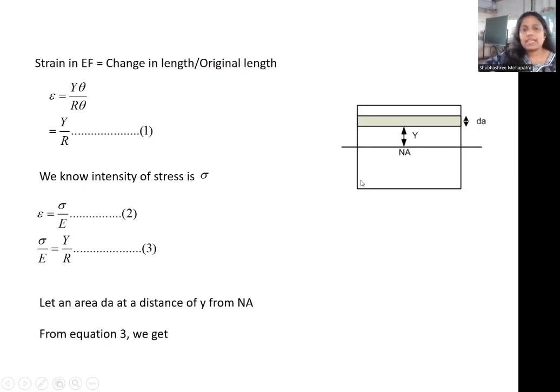Now let's take an area dA which is present at y distance from the neutral axis. From equation 3, the sigma value will be equal to Y by R into Young's modulus. That is equation 4.